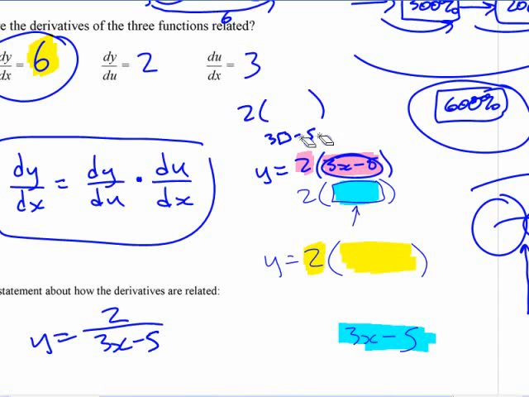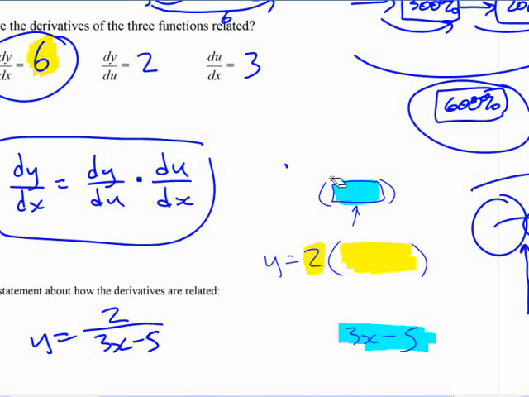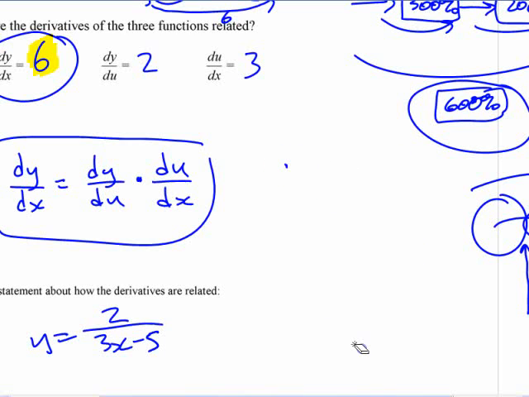So if you think of the outside function as sine of something, we're getting ahead of ourselves here, but if the something happens to be 3x, like in that video, right? You first have to just say, I have sine of something. What's the derivative of sine of something?